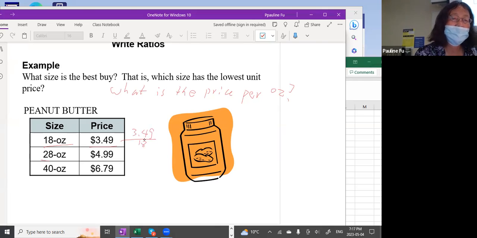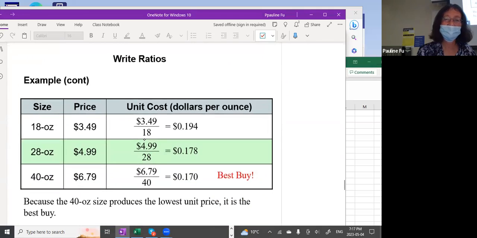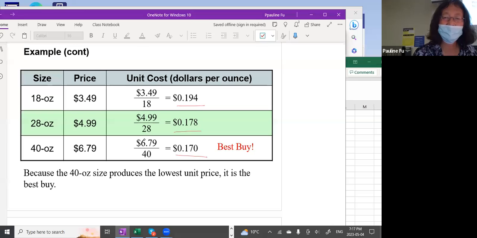For the next one, 28 ounce is $4.99, so you use 4.99 divided by 28. The last one, 40 ounce, is $6.79, so $6.79 divided by 40. You just need to figure out each result. The results are 0.194, 0.178, and 0.17. So the last one is the best buy, the cheapest one.